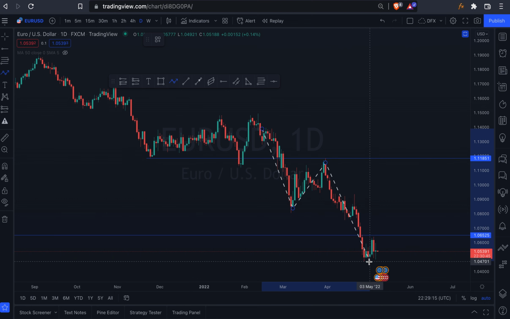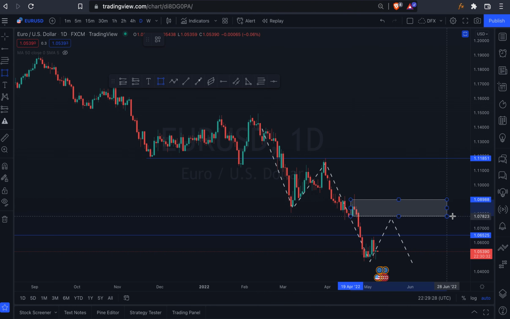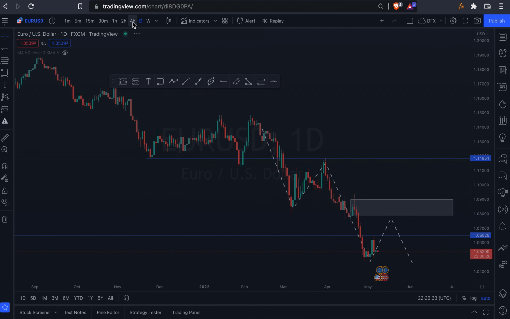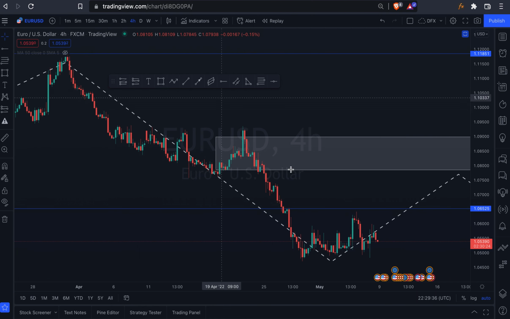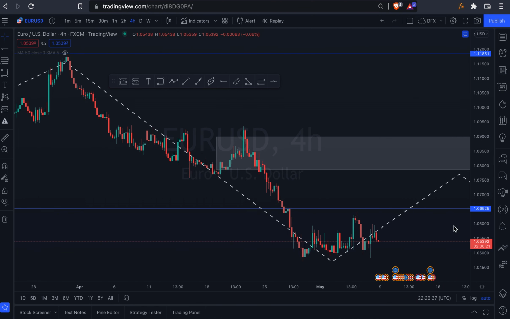And the nearest high is supposed to be around this zone for it to create a lower low. So let's consider this whole place as our nearest POI. We'll do the refinement soon. So let's go to the 4-hour time frame. Okay, with the 4-hour time frame, we can see price is actually consolidating.